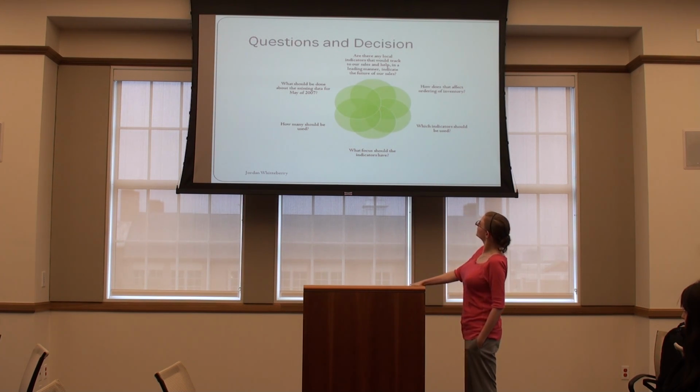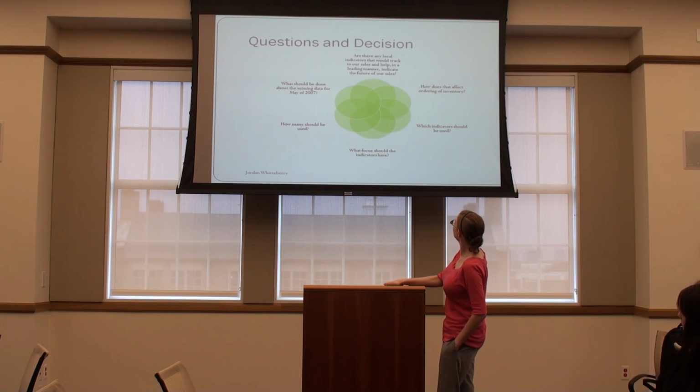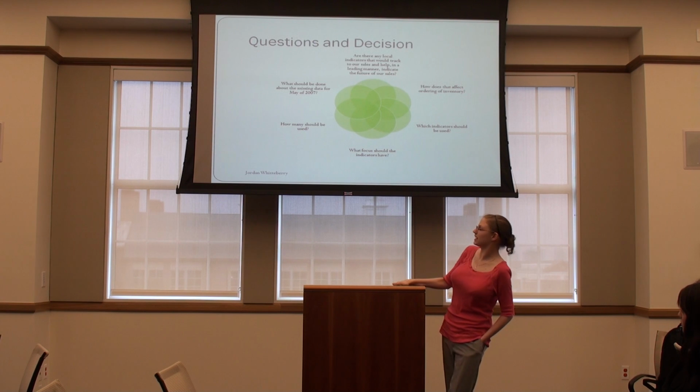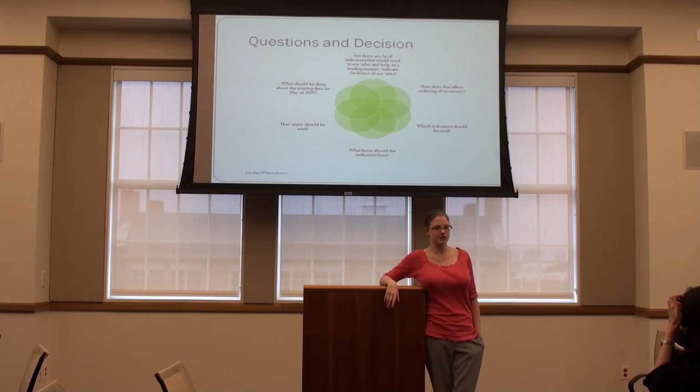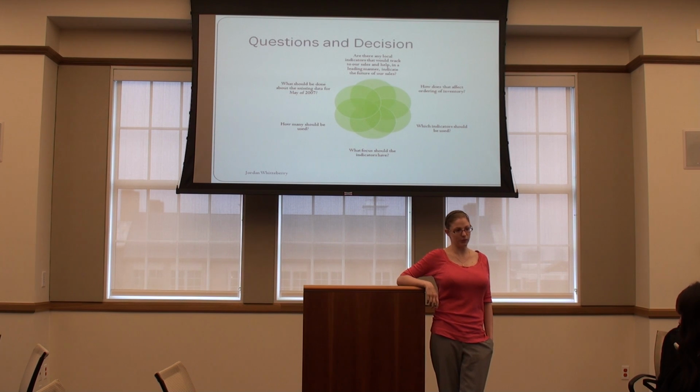Are there any local indicators that would help track to our sales and help in a leading manner indicate the future of our sales? So looking at the Dallas area, what can we look at? We can look at unemployment, we can look at the business cycle index, we can look at the consumer price index.